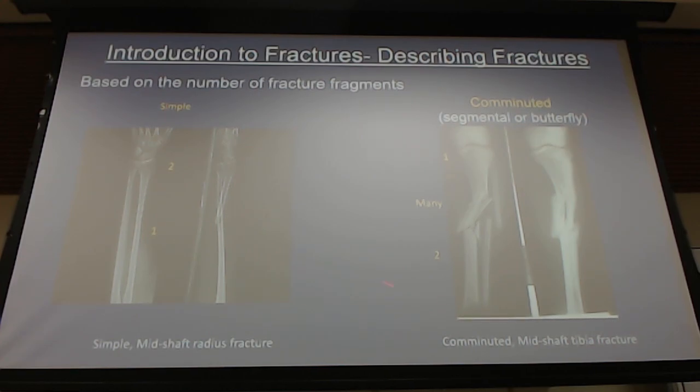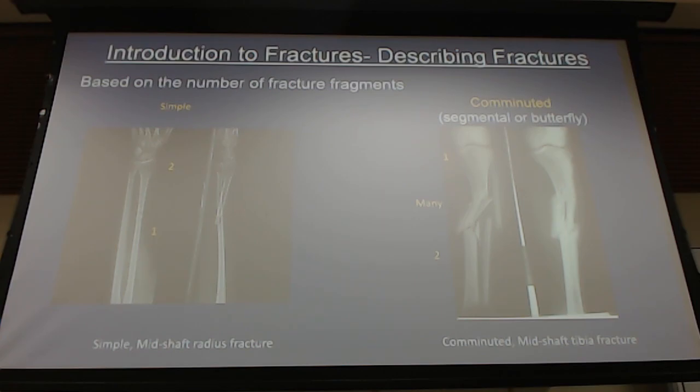You may have heard about the butterfly fragment, right? That's this little thing that looks like butterfly wings. Depending on the type of bone, it's important, maybe not important. Sometimes butterfly fragments, depending on where they are, might have some other attachments, right? Muscular attachments or tendinous attachments to them.